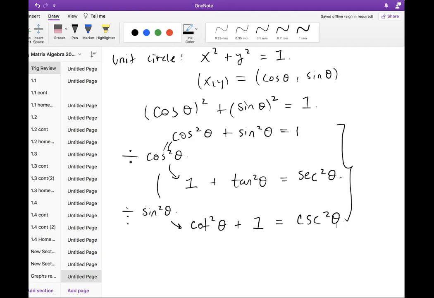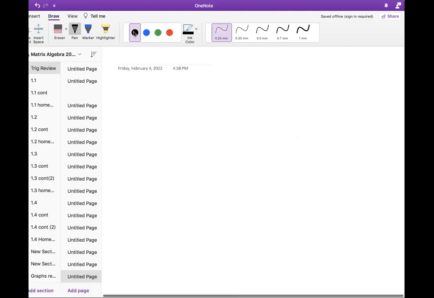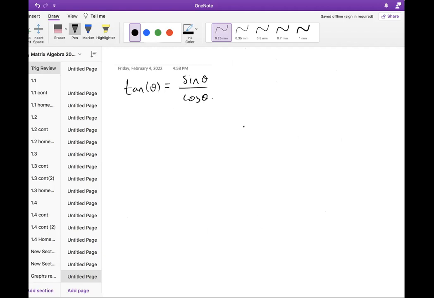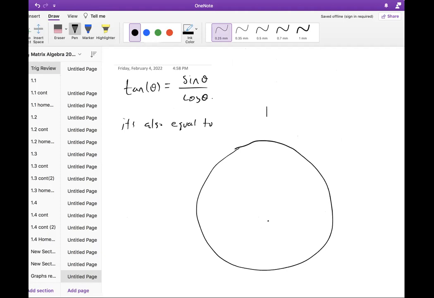Oh, yeah. So tangent is equal to sine over cosine. But it turns out that it's also equal to this value, the value of tangent, right?